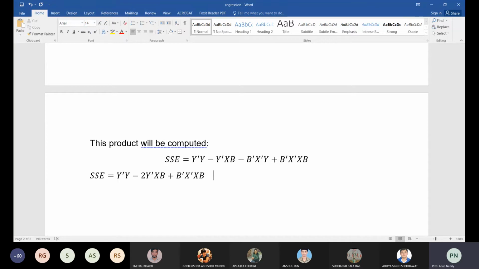This is my equation number 2. So now we have an equation which expresses the sum of square error in terms of y, x, and b, as you can see.